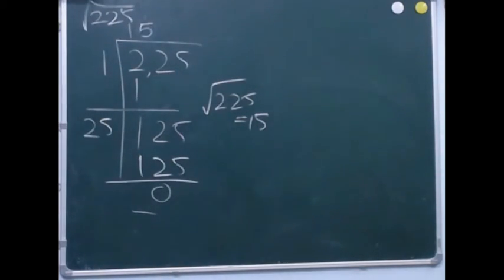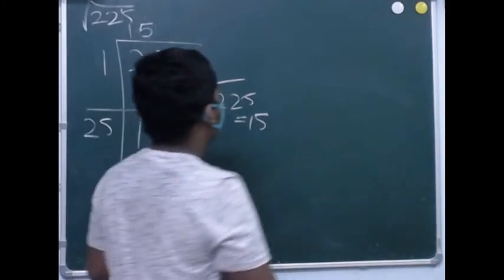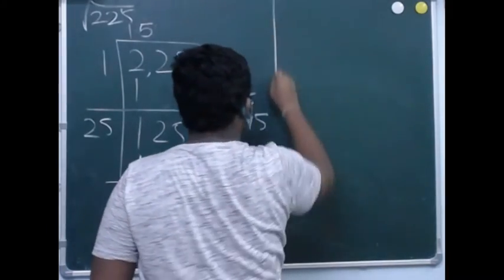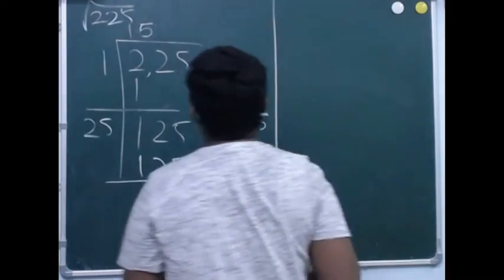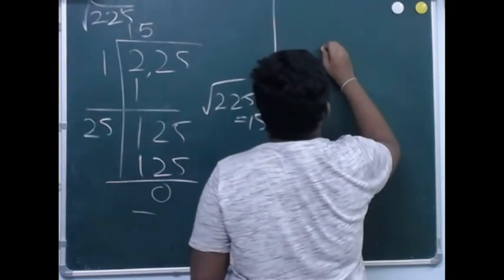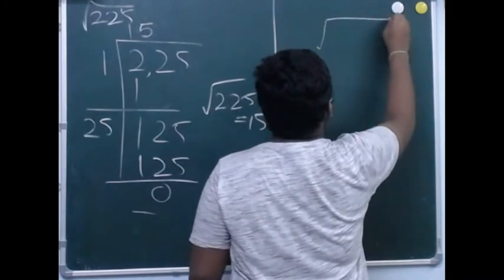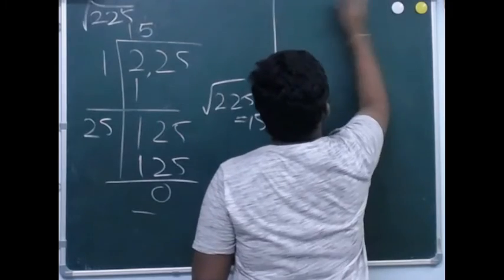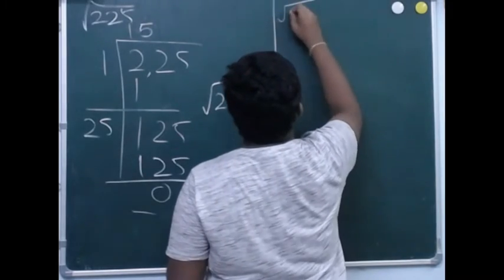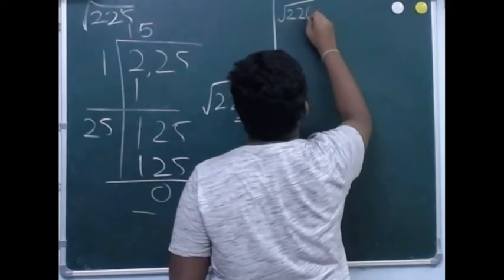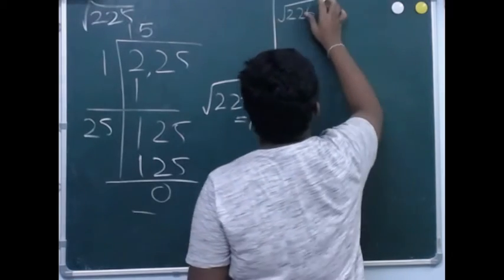So you can do with the 16. 256. So the square root of 256. Try this on the right side. Put a line, vertical line. 256.